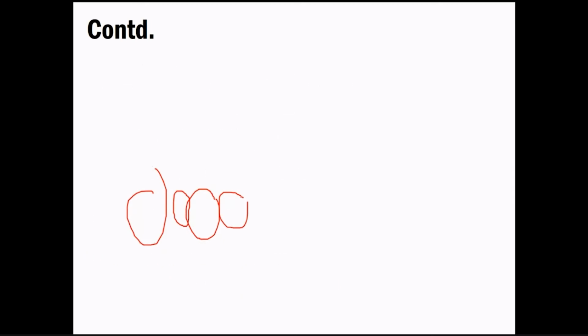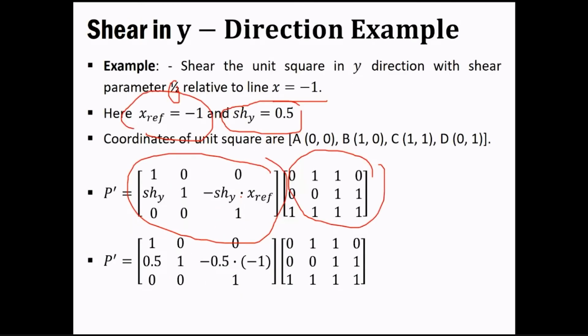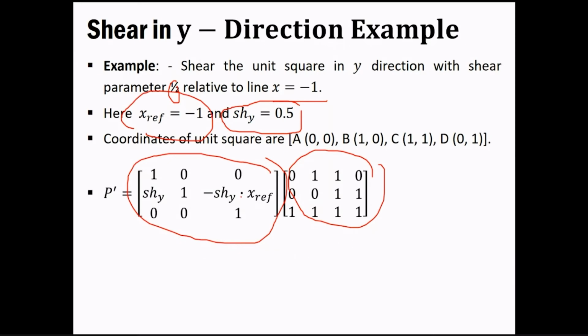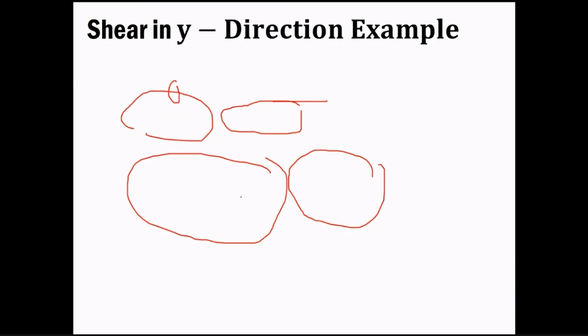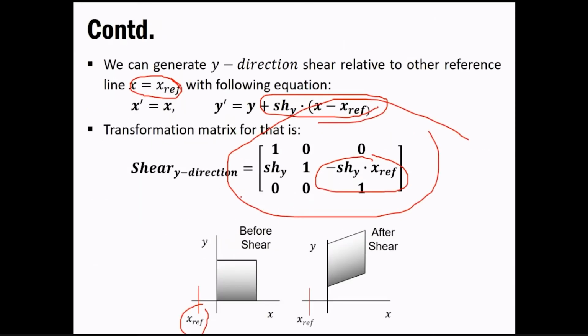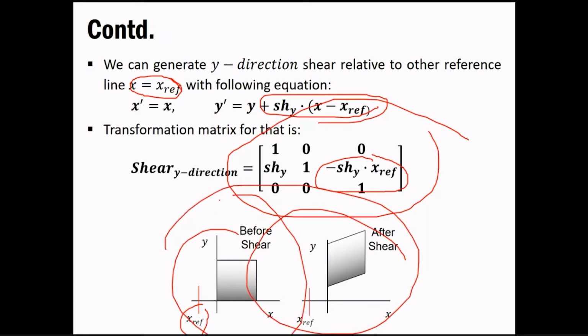Shearing in y direction relative to line x equal to -1. That is what you have to consider, shearing in x direction, y direction relative to the reference line. And the resulting thing would look like this as it is given over here.